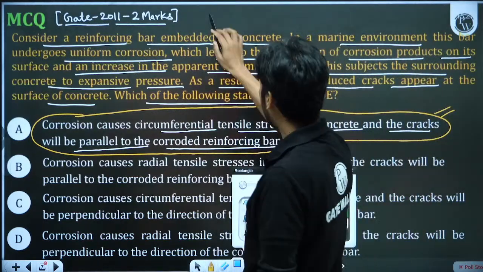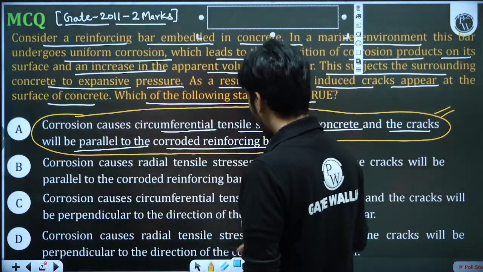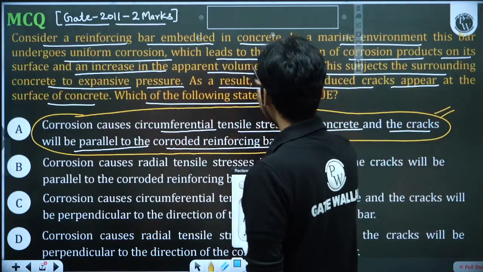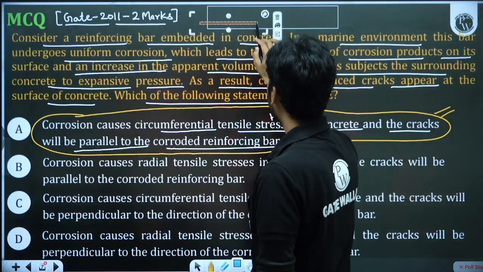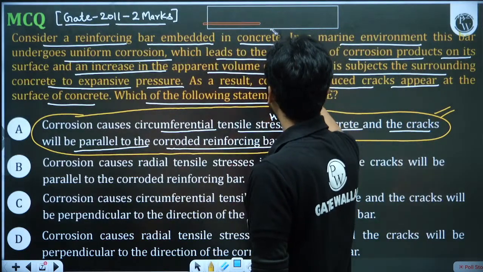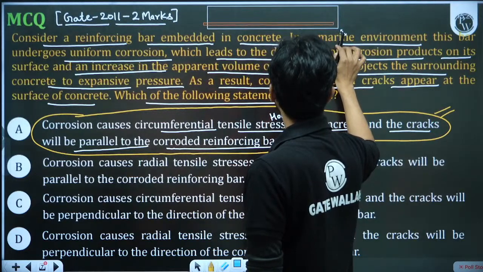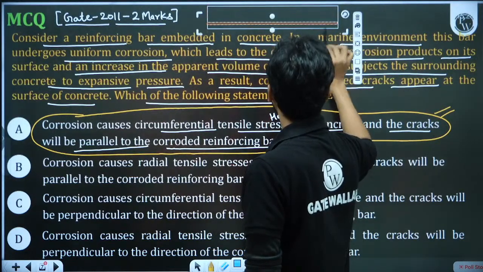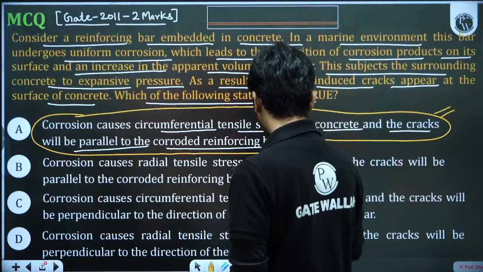Suppose this is your concrete crack. So what are the various types of cracks? This is the bar. Now please understand, if the bar is corroded, it will have more volume.